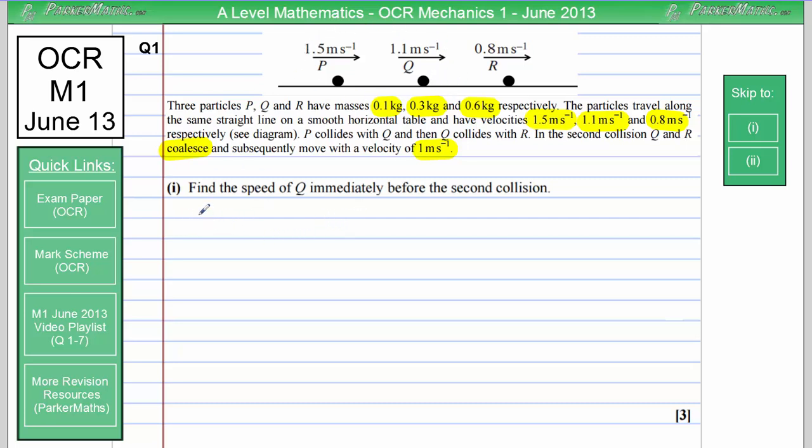So as always, we start by drawing a diagram. Before the particles collide, we've got P moving with the velocity of 1.5 meters per second and Q moving with a velocity of 1.1 meters per second. P has a mass of 0.1 kilograms and Q has a mass of 0.3 kilograms.